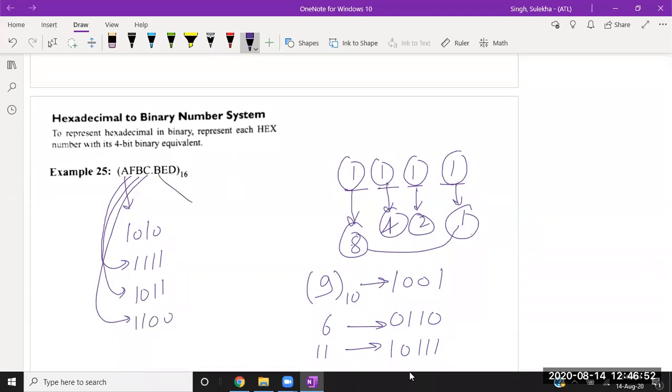This B is 11, so that is 1011. This E is 1110. This D is 1101. Write all these numbers in sequence.